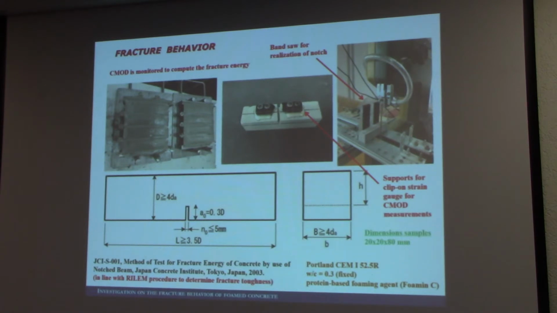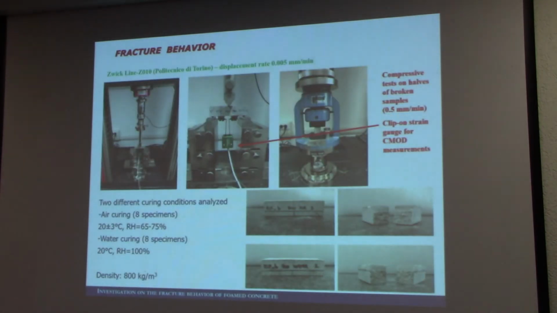We attached some supports underneath the notched beam to measure the crack mouth opening displacement in a displacement-controlled three-point bending test. And this allowed us to evaluate, obviously, the fracture energy and the flexural strength of the different classes of foamed concretes.